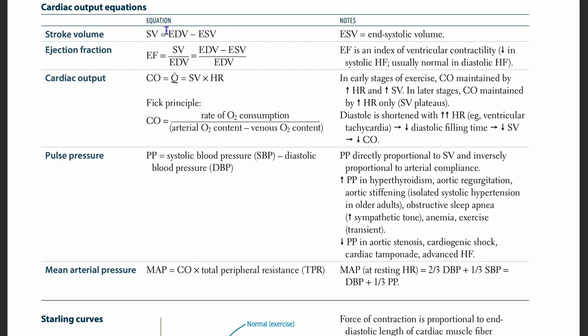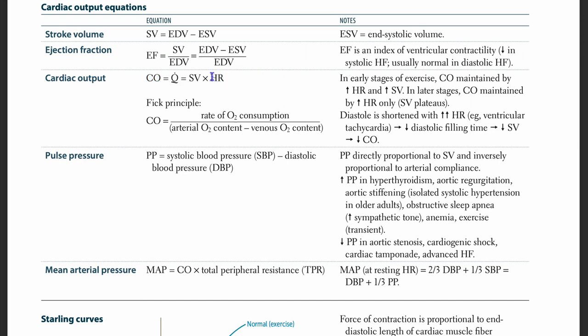If you have a higher end diastolic volume but a zero end systolic volume, then you can imagine stroke volume being increased, because cardiac output is increased now, kind of like that. Okay, because remember, cardiac output is equal to stroke volume times heart rate. So if stroke volume is increased, cardiac output is increased. These two are attached to each other.